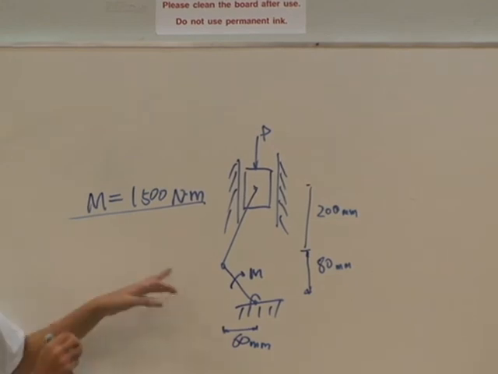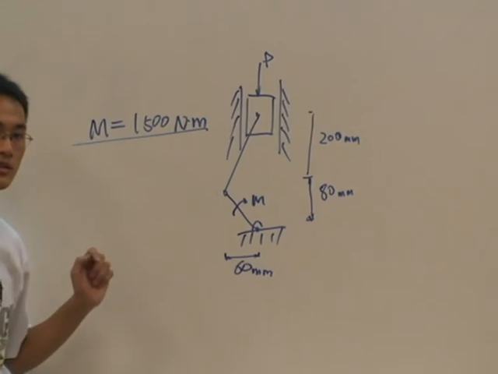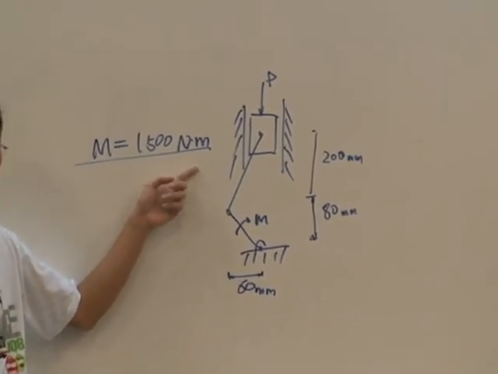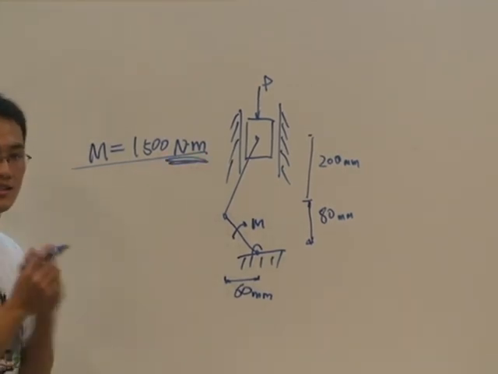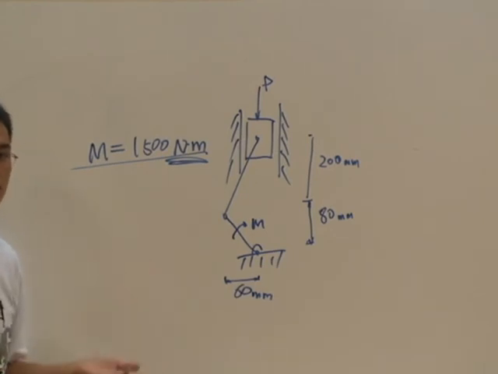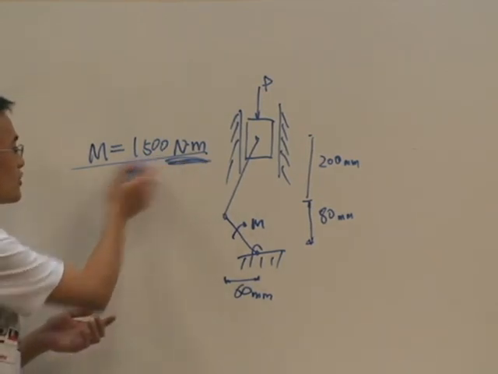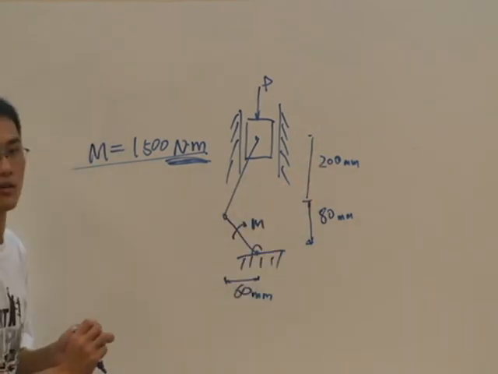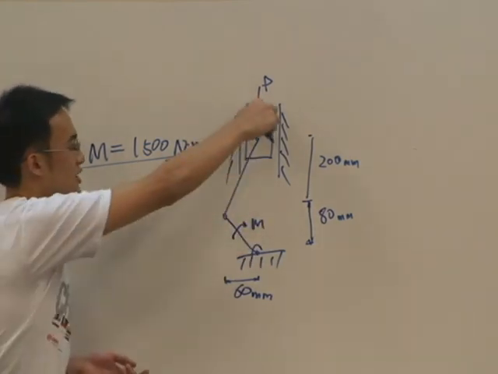Here, I apply a moment in the clockwise direction, of magnitude 1.5 kNm. You must know the dimensions. As engineers, it is our sense to know the dimensions of everything. The unit is Newton meter, 1.5 k. So the question is, given these dimensions, what will be the force P to balance this top?